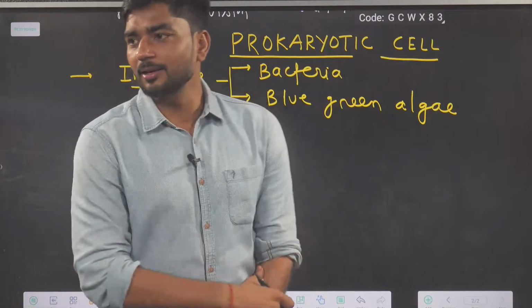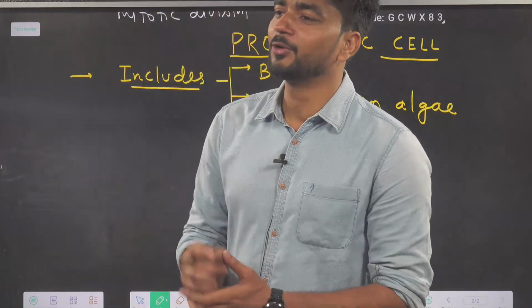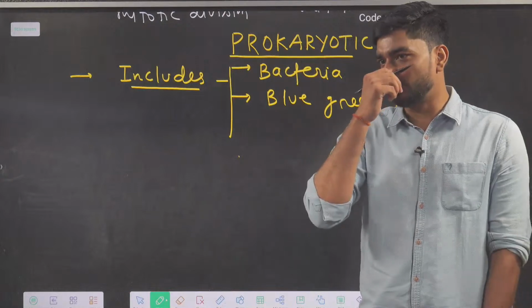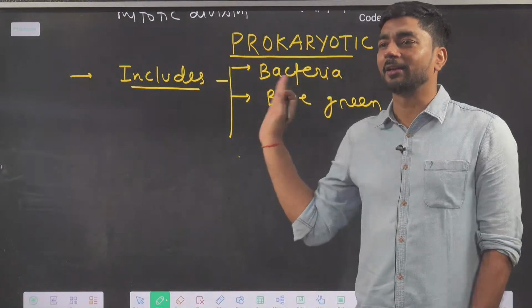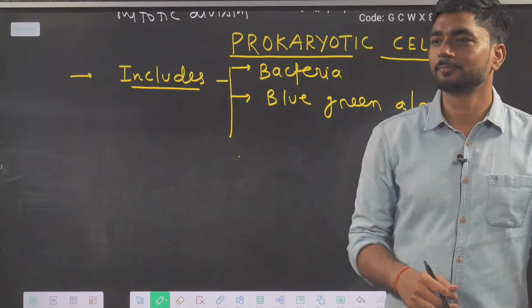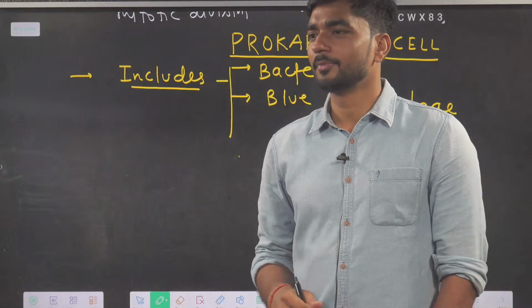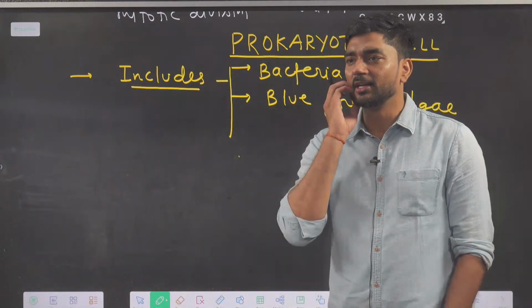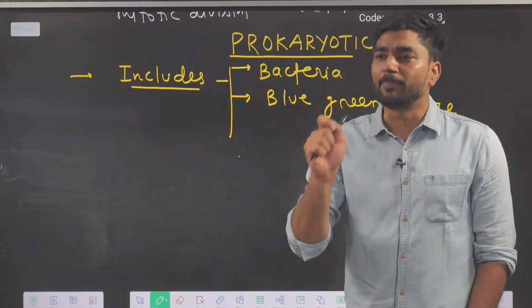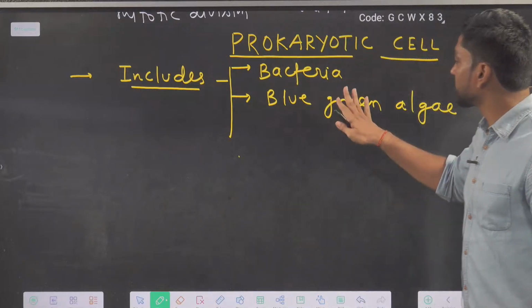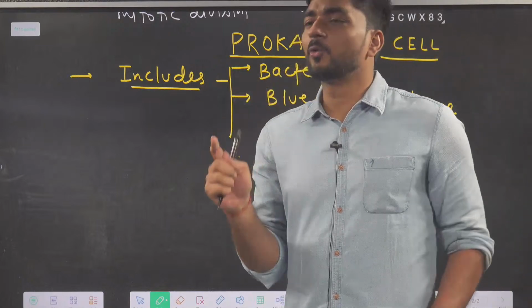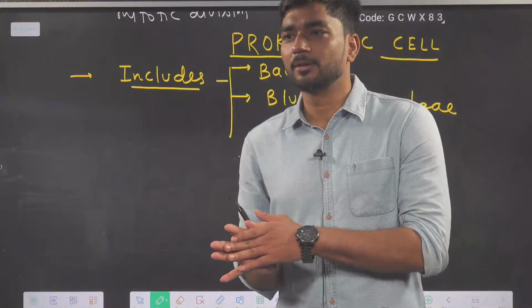Can anyone answer, can you survive without blue-green algae? How many of you can survive without blue-green algae? Obviously there is a big question mark on survival in the absence of blue-green algae. So no one can survive. And why can no one survive?